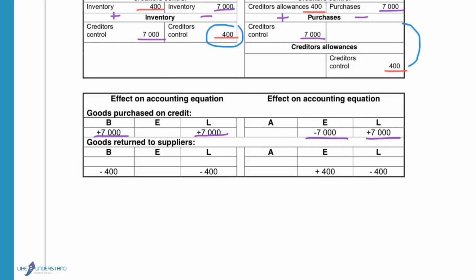When the goods are returned, your assets will decrease because you return the inventory and you reduce your amount of inventory, and you will decrease your liabilities because you owe them less money. In the periodic system, because you are returning goods, creditors allowances will decrease expenses, and when expenses decrease, your profits increase, and in the liabilities, you will decrease your liabilities because you owe less money to the creditor.